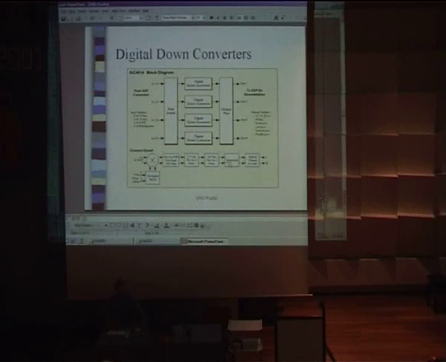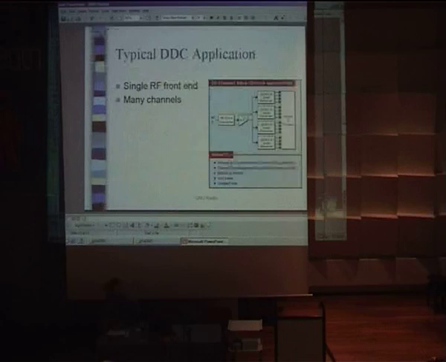Okay, then how these get used: basically the advantage of this whole game is one RF front end. You've got this RF down converter that takes my 800 or 900 megahertz signal, in the cell phone example, and knocks it down, converts it to something that the A/D converter can stand. So maybe it's down to the 65 megahertz zone, it all depends.